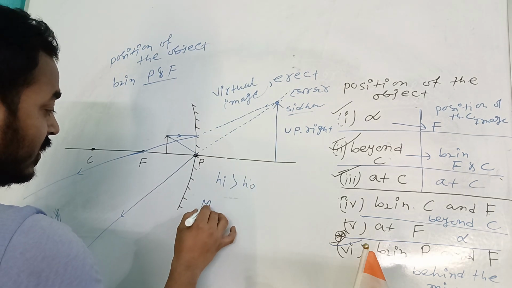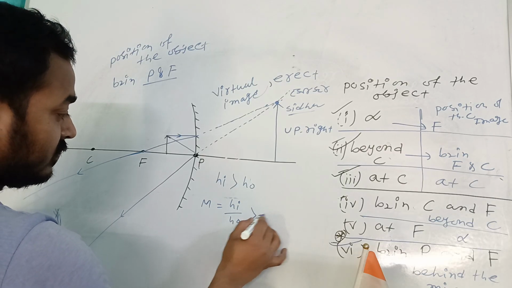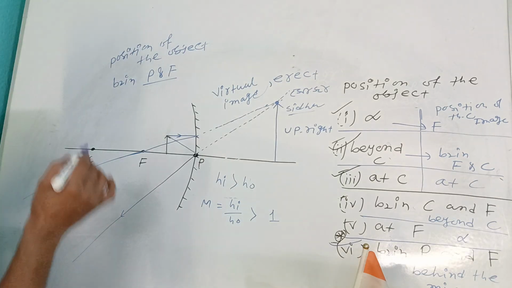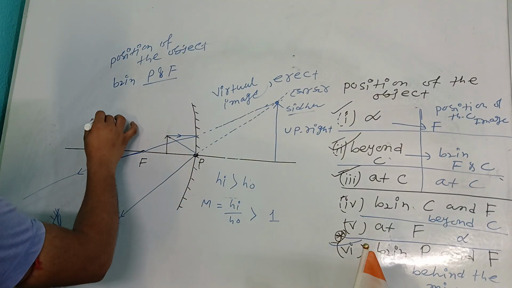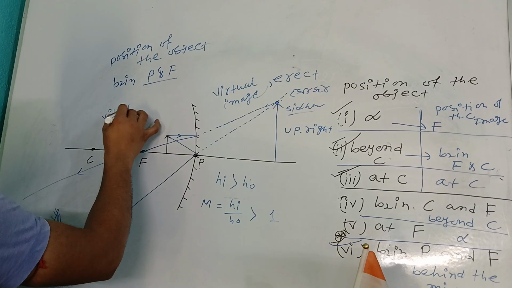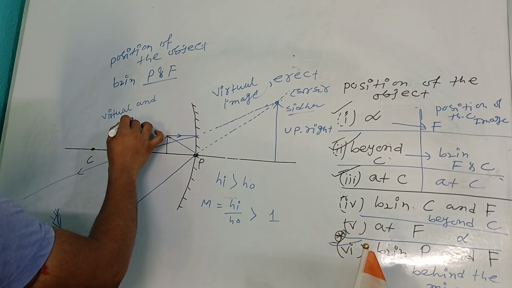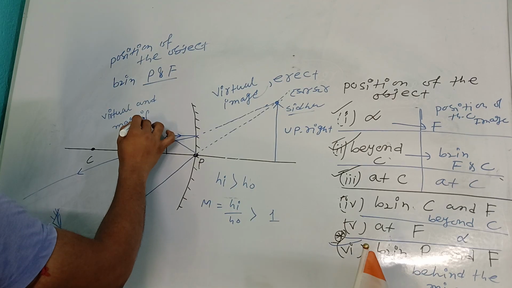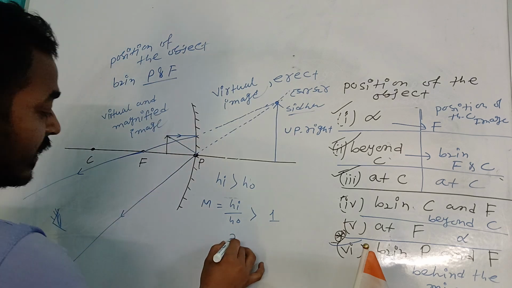So magnification is greater than 1. It means it is a virtual but magnified image.